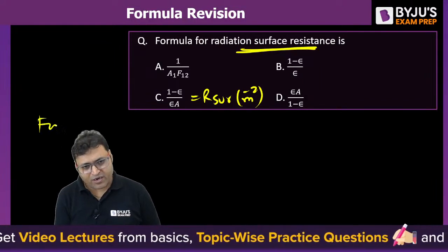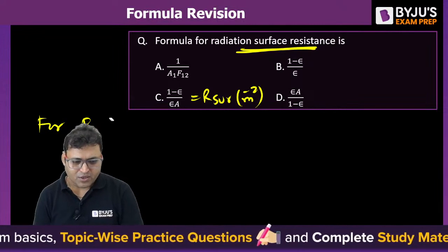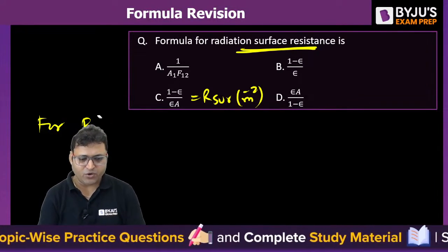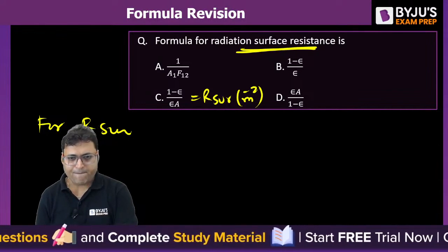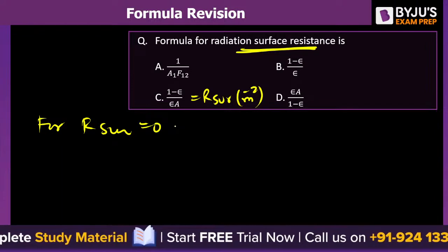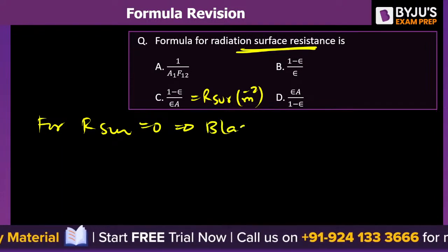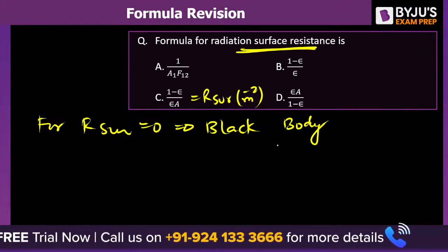So for surface resistance to be 0, the body is called a black body. The body can be called a black body when the surface resistance is 0.